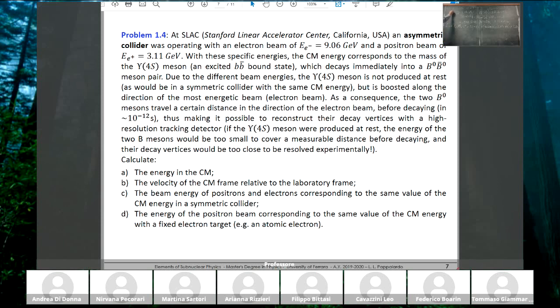So now we have the momentum of the epsilon and the energy of the epsilon, and we can play around with the relativistic relations. We know that the beta of the epsilon corresponds to the beta of the center of mass in the laboratory frame, because once you create the epsilon in the collision, it will move with a certain velocity in the laboratory frame, and we have to calculate that velocity.